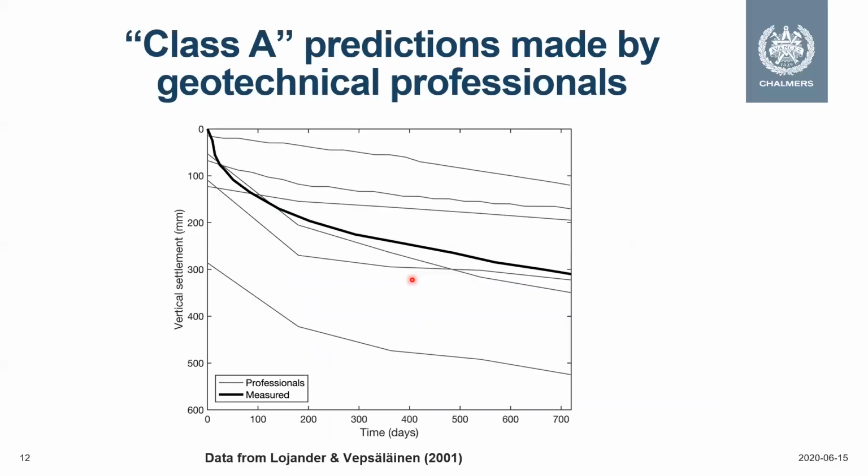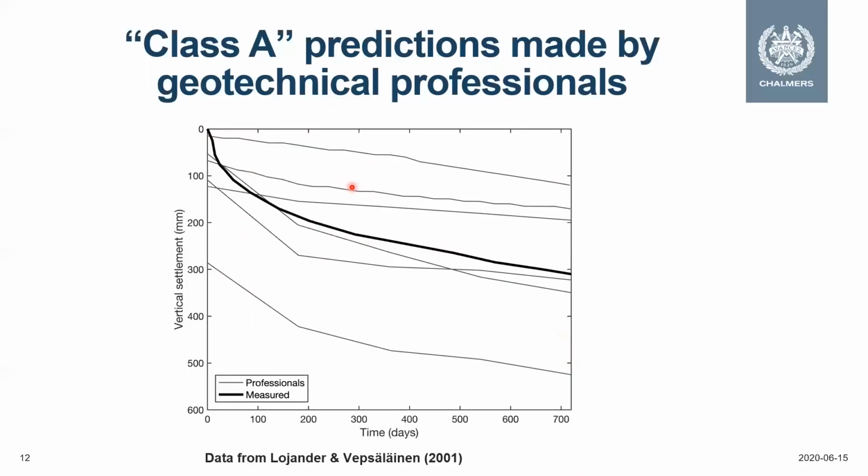Part of the reason we chose Haarajoki is that when the test embankment was built, there was an international settlement calculation competition. And here are the results from the settlement calculation competition, which could be classified as Class A predictions. And you see that there's a huge scatter between the predictions of the geotechnical professionals, and most of them were either significantly over-predicting or under-predicting the settlements.